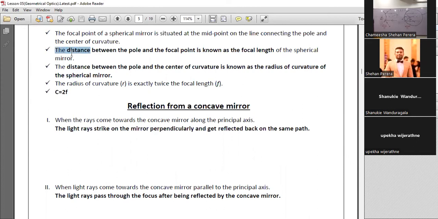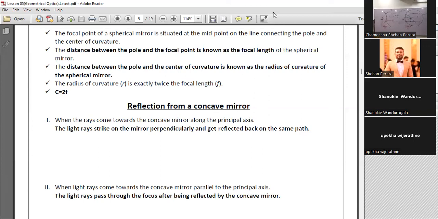You have to highlight that. I just mentioned it in the above two diagrams. Thereafter, the distance between the pole and the center of curvature is known as the radius of curvature of the spherical mirror.